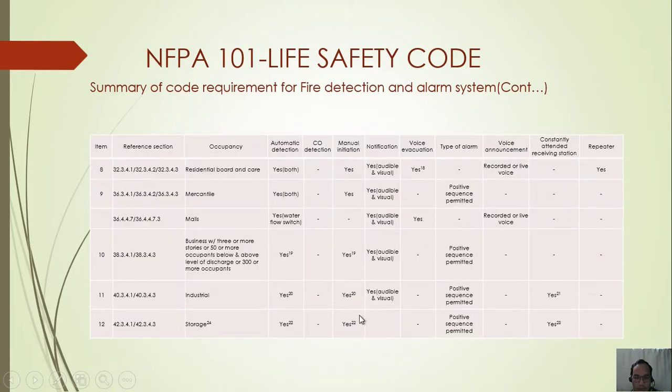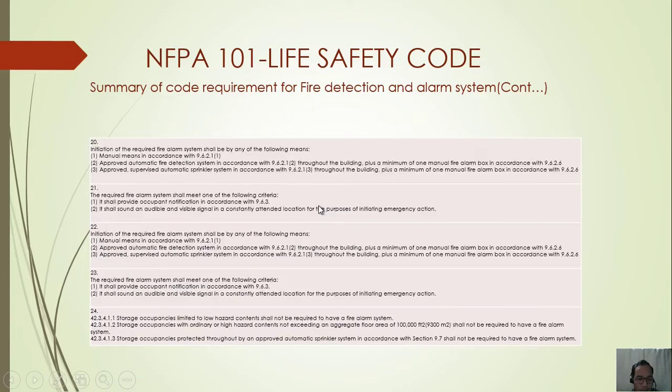Now, for note 22 under storage for automatic and manual, maybe it's the same requirement. Okay, initiation can be by any of the following again, either by manual means, or fire detection all throughout, or sprinkler. So it's the same.